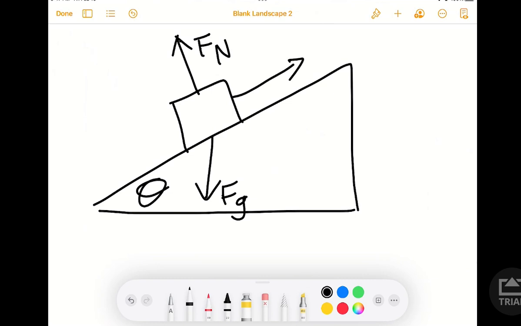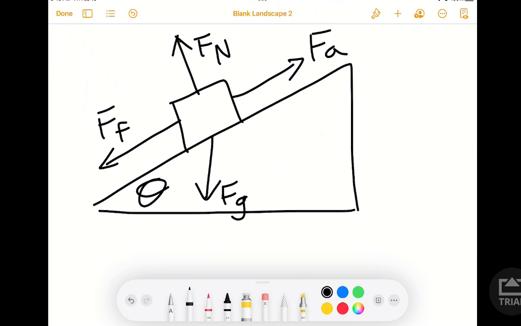Then we're going to have some sort of applied force, and contradictory to that, we're going to have the frictional force. Friction always works in the opposite direction of the object is trying to move. Now, the issue here is that the normal force and the force of gravity are not working directly against each other, which is what we would like.